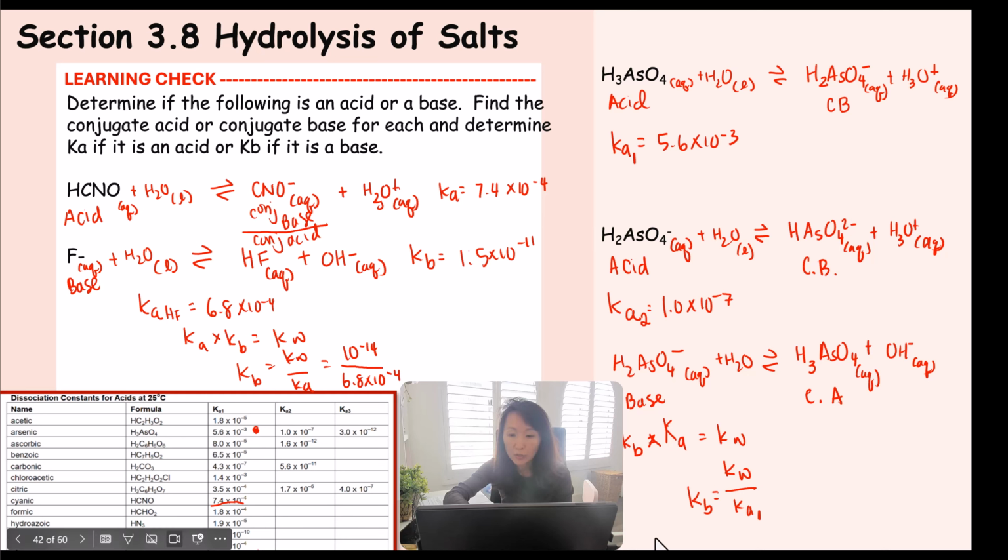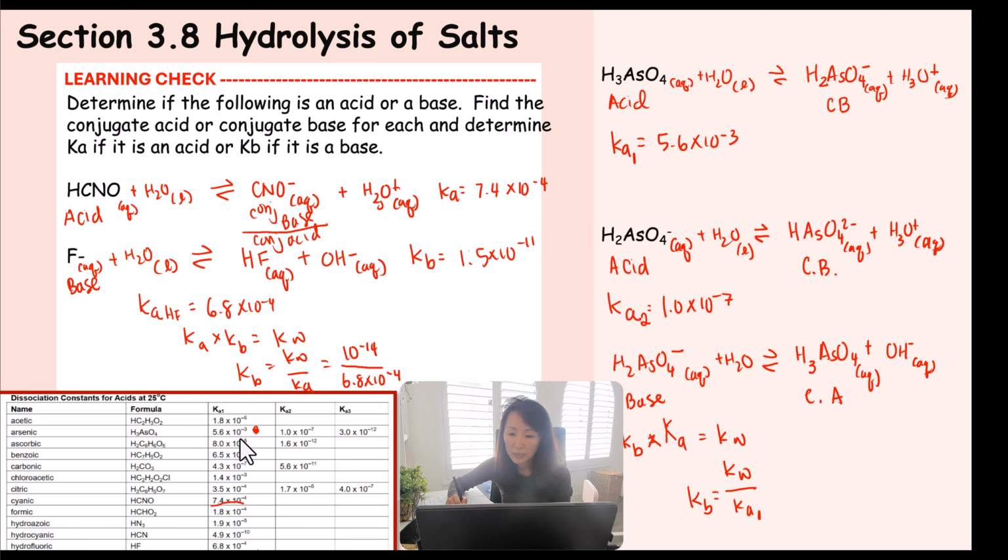So I'm going to use Ka1. It's really tempting, because the starting compound is H2AsO4 minus, to utilize Ka2. You're right, we use that if we're treating this as an acid, but if we're treating this as a base, we're going to use the Ka value of where it's going to go to, which is this one right here.